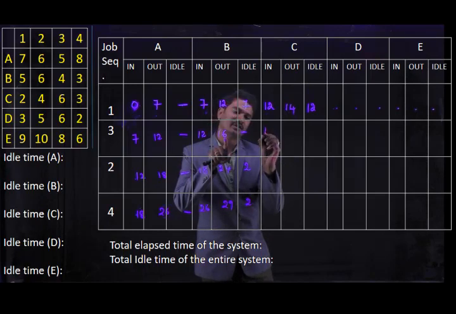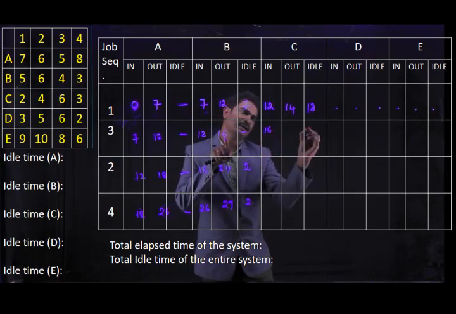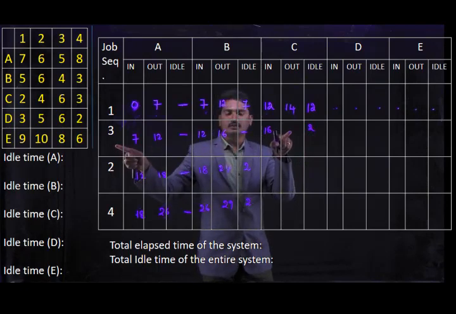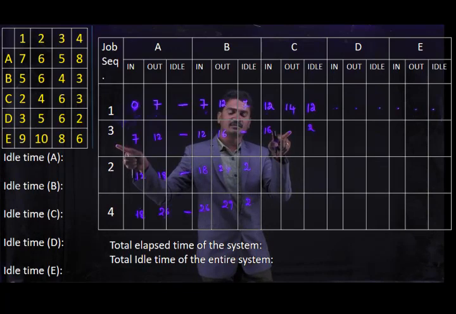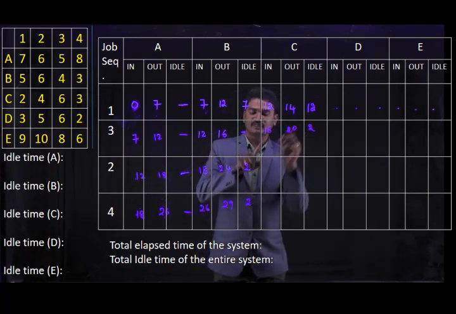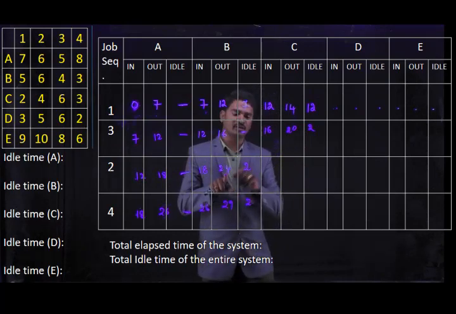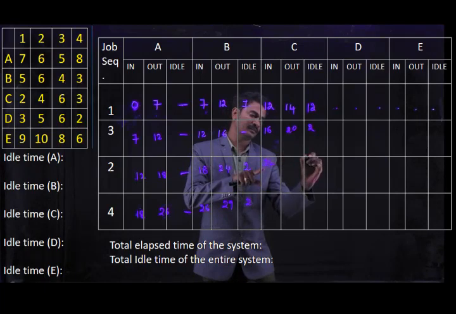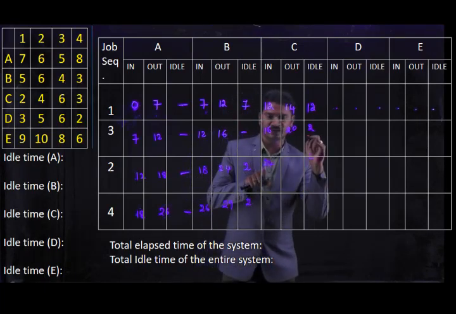So we are starting at the 16th hour, the idle time is 2, and the processing time for the third job at C is 4 hours, so 20. Also after 24 only it will be completed, so the difference is 4 hours, the idle time.